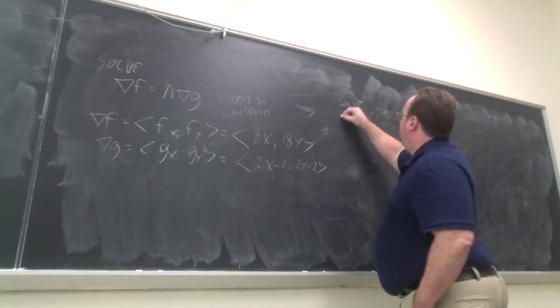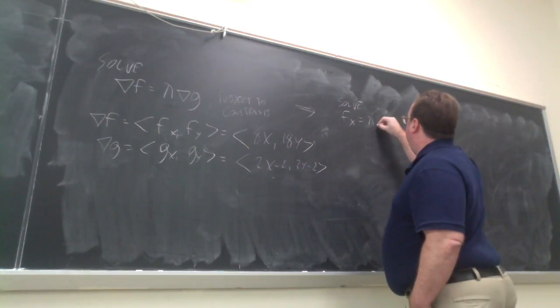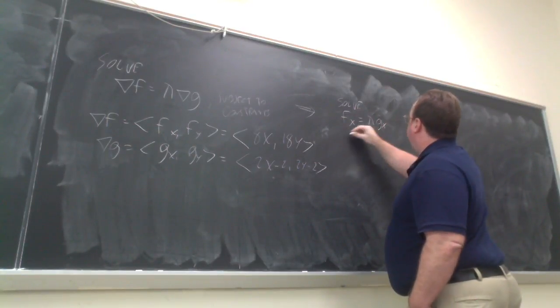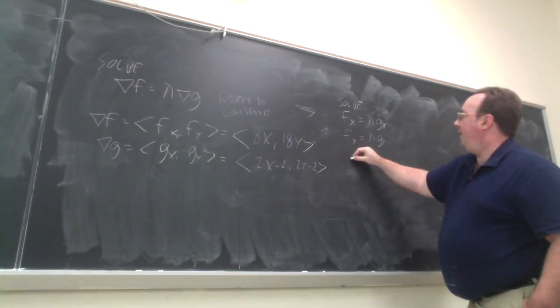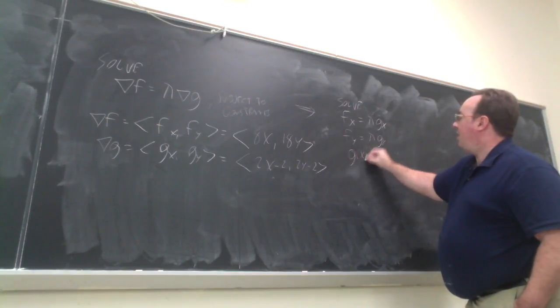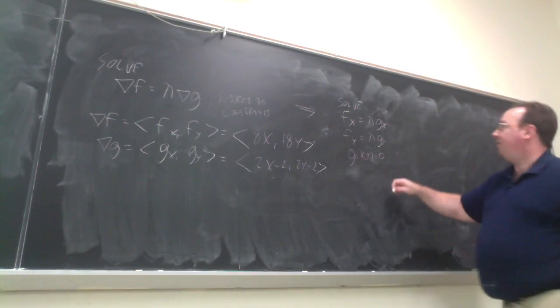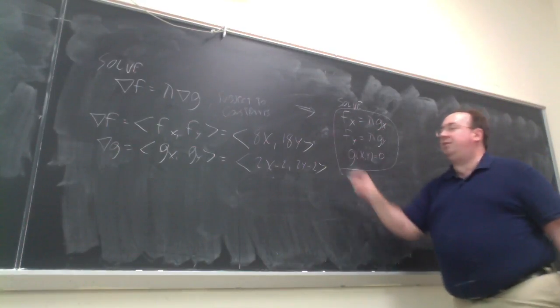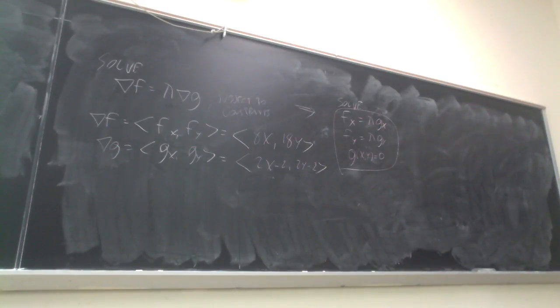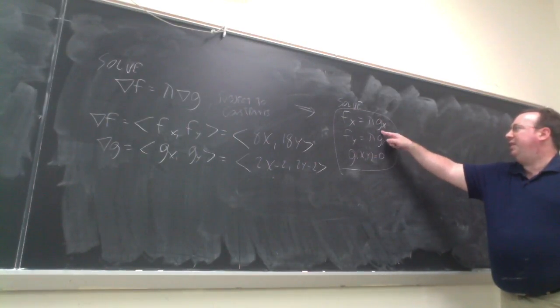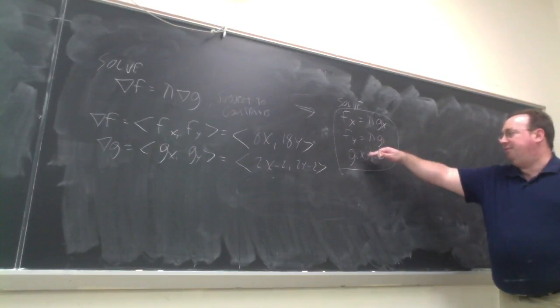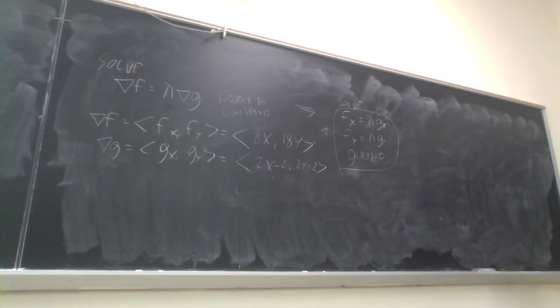So we have df dx is equal to lambda dg dx, df dy is equal to lambda dg dy, and then g of x, y, the constraint, must be equal to 0. So this is good to keep in mind in general for these kind of problems, that if you have one constraint, this is what your system is going to look like. If you have more than one constraint, you would have additional terms, like lambda 1 g1x plus lambda 2 g2x, and you'd have more constraint equations down here.